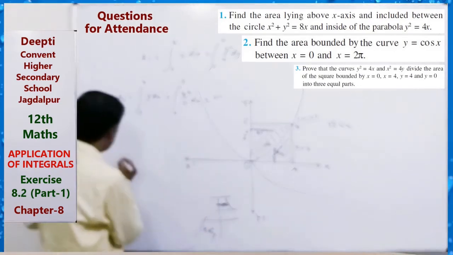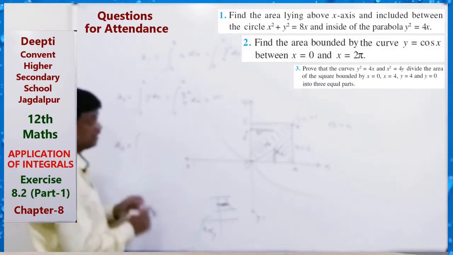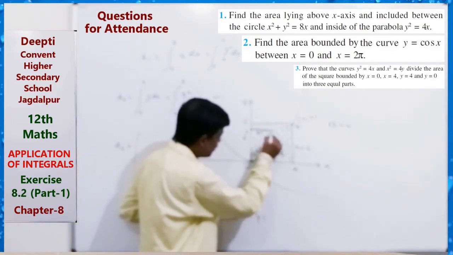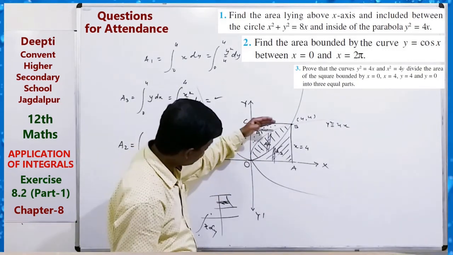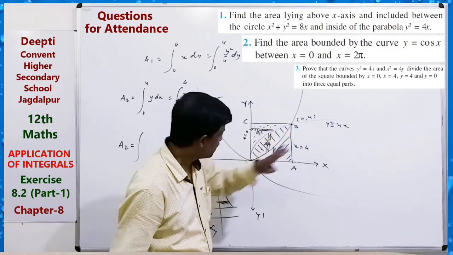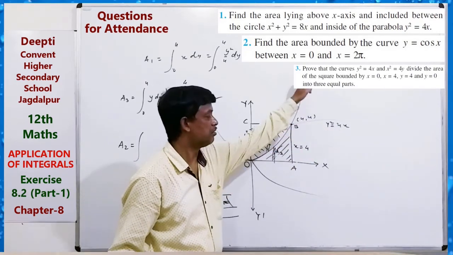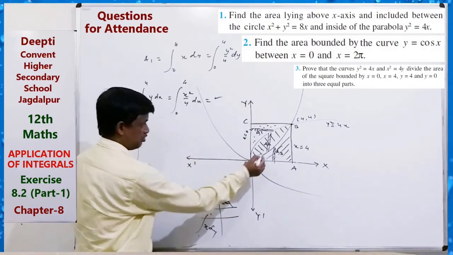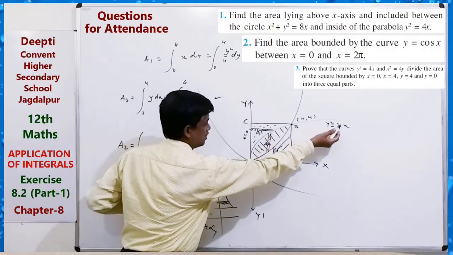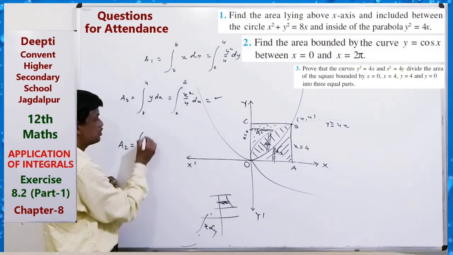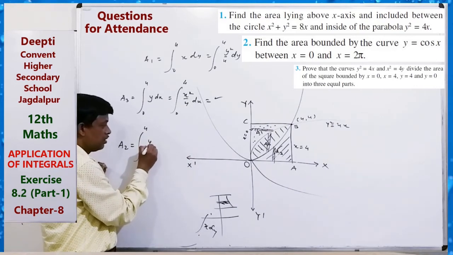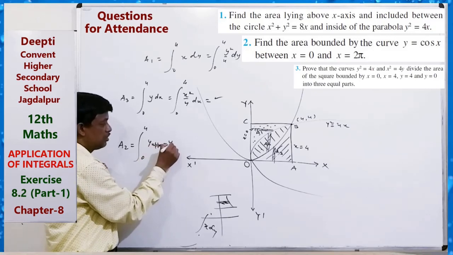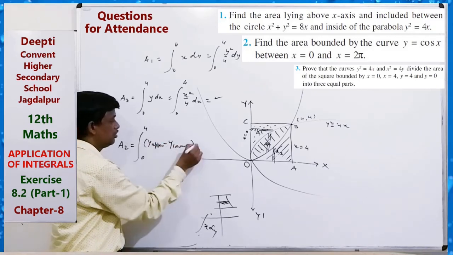Now this area 2, A2. A2 equals what? If here we take a vertical strip like this, then the value of y from this parabola, minus the value of y from this parabola, the lower part. From here and here. So from 0 to 4, y upper minus y lower dx.